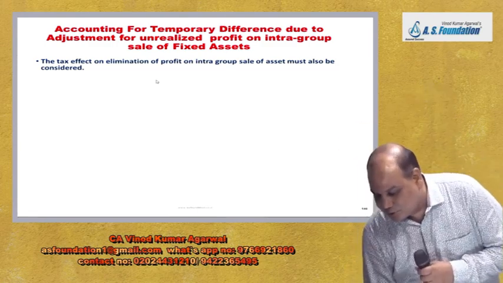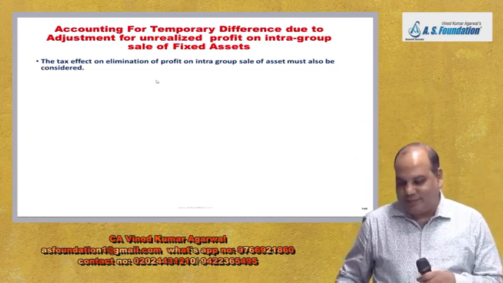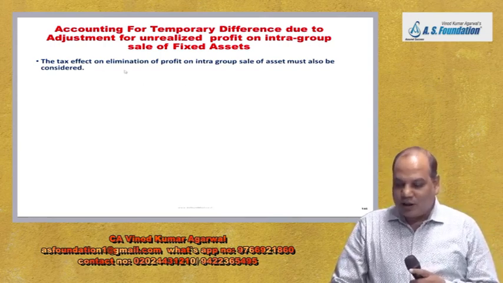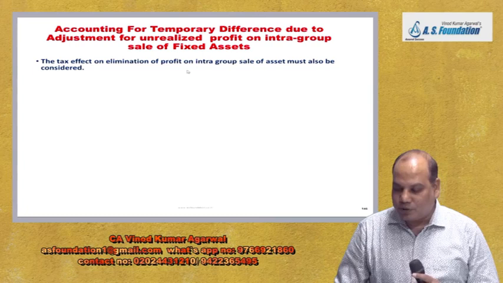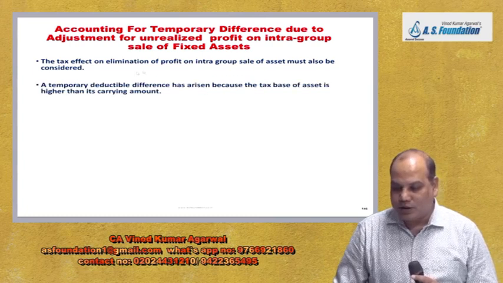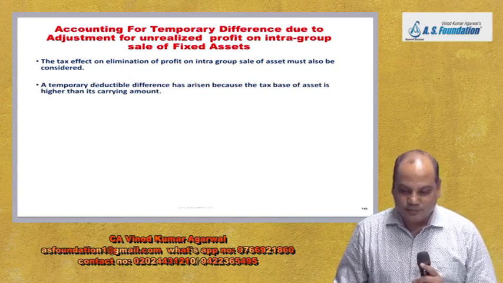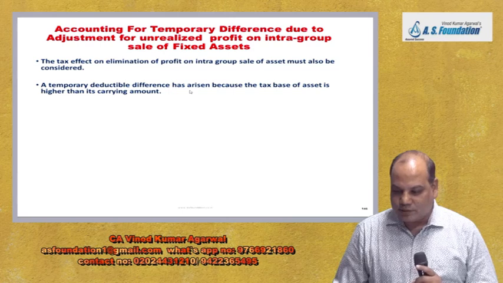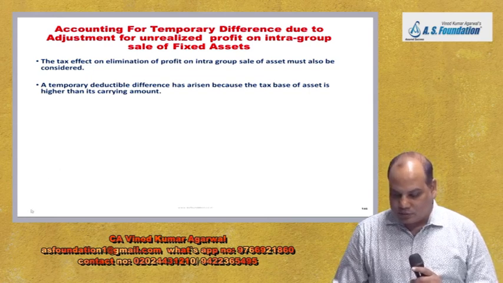So therefore there will be a deferred tax adjustment also required. The tax effect on elimination of profit on intra-group sale of asset must also be considered. Right? A temporary deductible difference has arisen because the tax base of the asset is higher than its carrying amount.